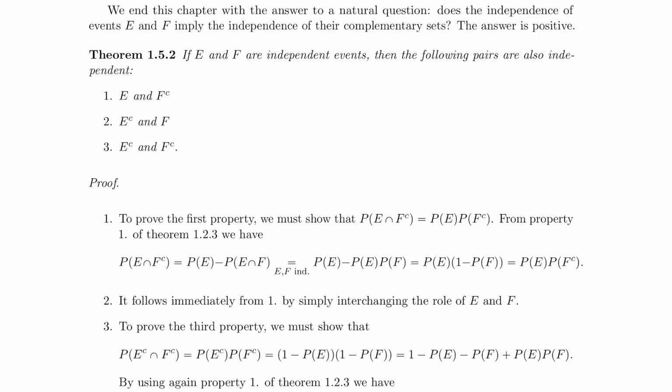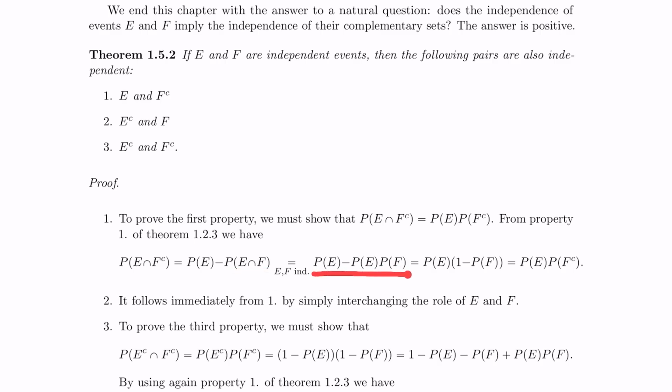In order to do that, this formula contained in this theorem here comes in handy. In fact, if we introduce in this formula the information that E and F are independent, we can rewrite this term here like this.